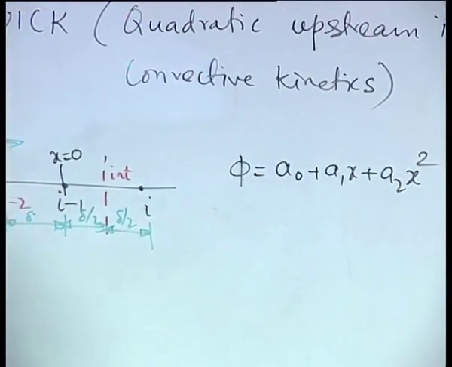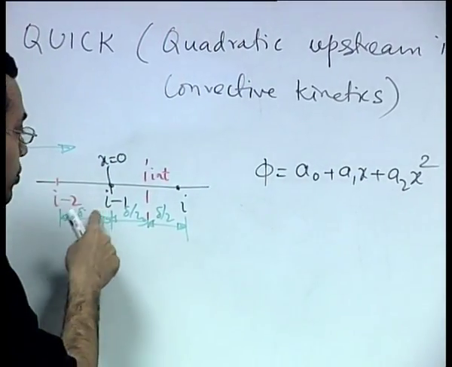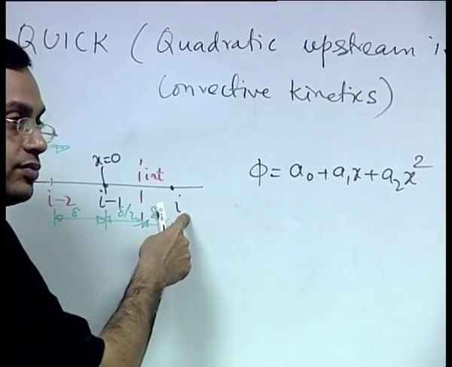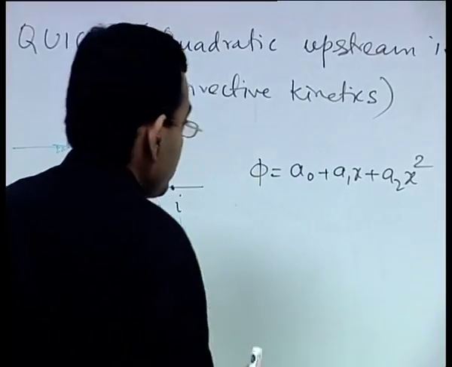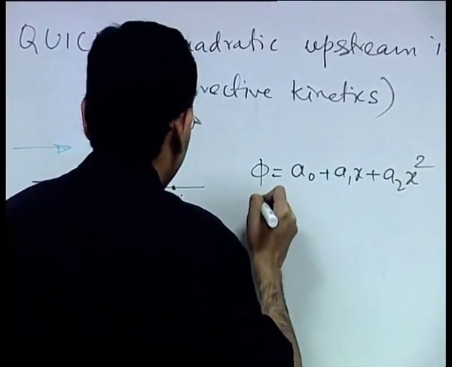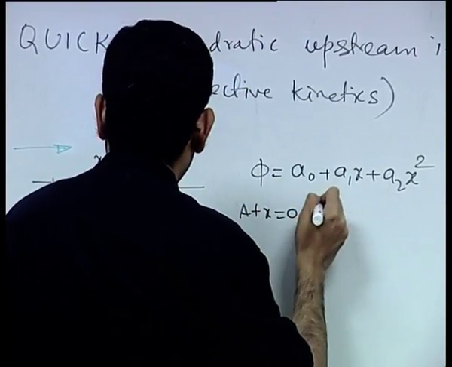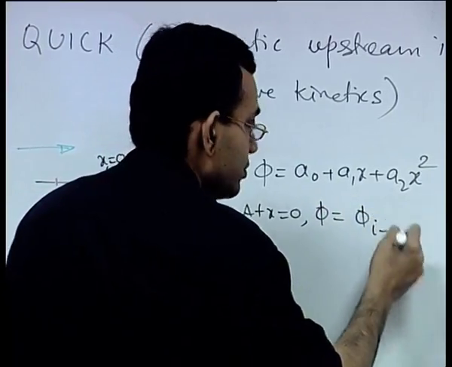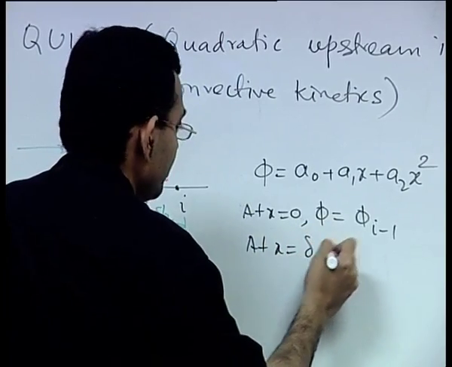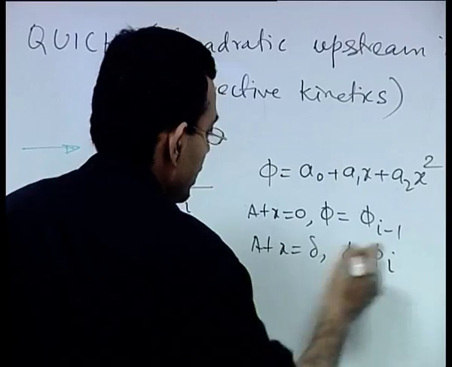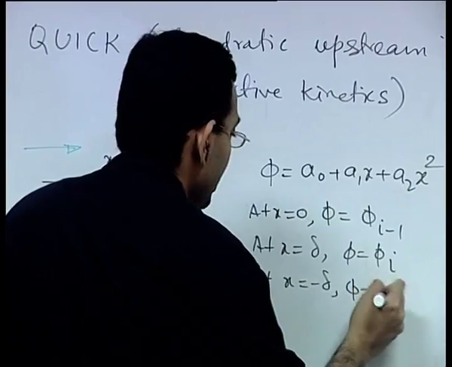So, our objective will be to find out a0, a1, a2 in terms of phi I minus 2, phi I minus 1 and phi I. So, you have at x equal to 0 phi equal to phi I minus 1, at x equal to delta phi equal to phi I and at x equal to minus delta phi equal to phi I minus 2.